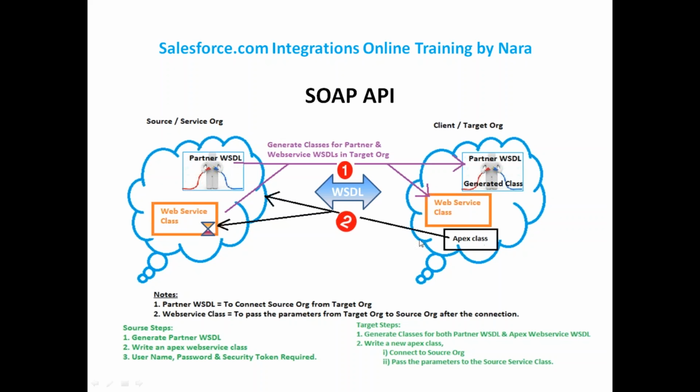So what I did in the second step, using the partner WSDL, I was connected to the source organization, and using a web service class, I was connected to this web service.